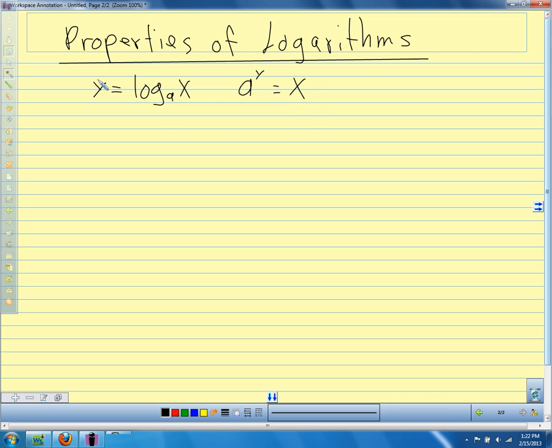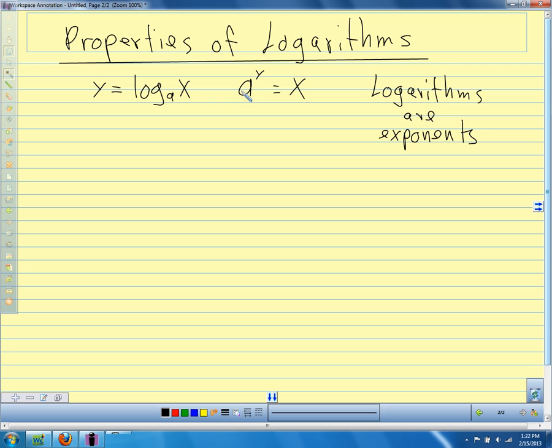So this y, this logarithm, is an exponent. Logarithms are the exponents. So a logarithm tells us the exponent that we have to raise our base to.